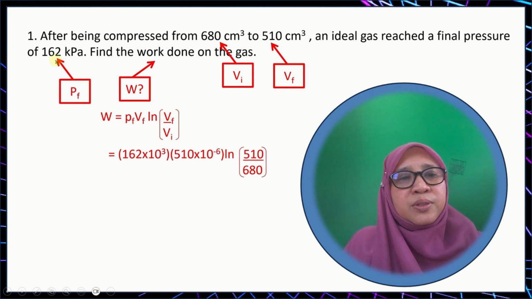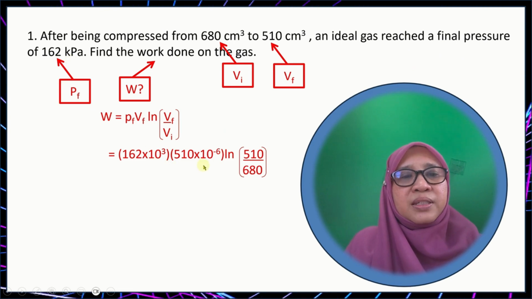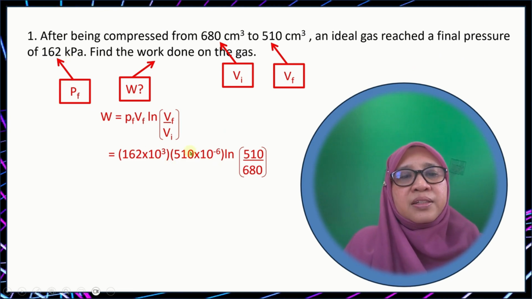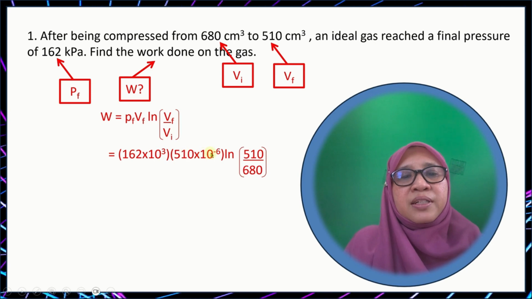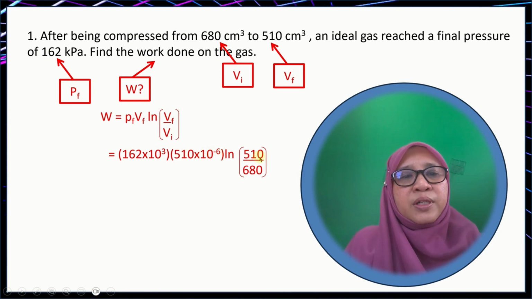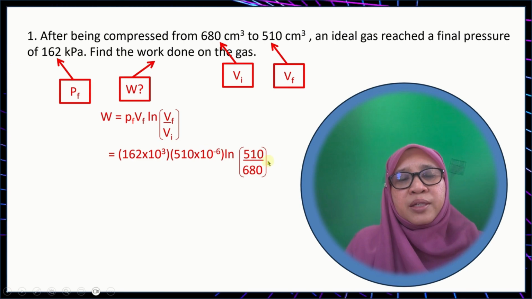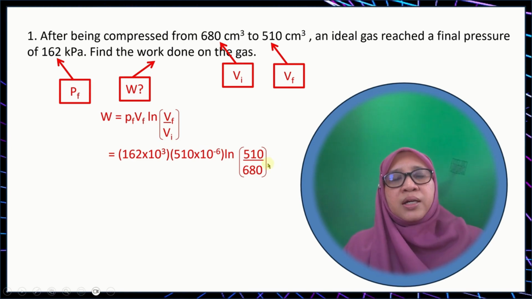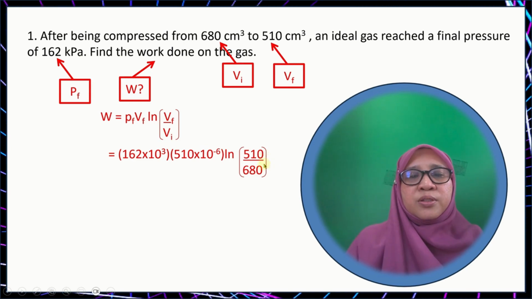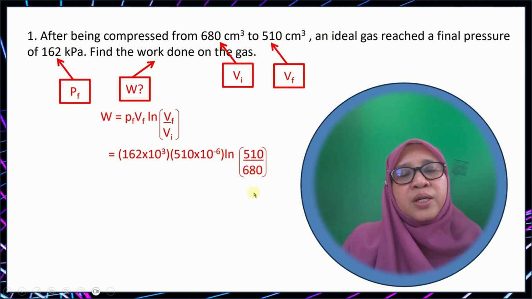We substitute the pressure 162 kilopascal, converted to pascal, and V final 510 times 10 to the power of negative 6, converted to meter cube. The volumes are 510 and 680 centimeter cube. There is no need to convert to meter cube because this involves a ratio, so we get the same answer.